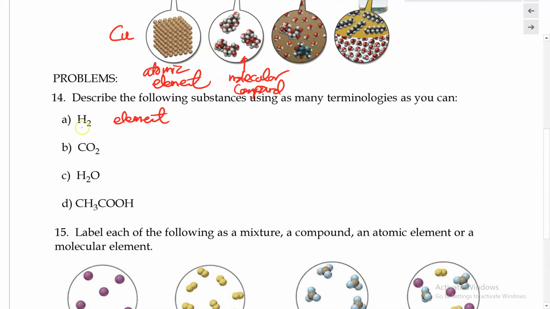And now say it consists of 2 atoms, and these 2 atoms right here are bonded together because hydrogen is a non-metal. So the 2 hydrogen are bonded together through a bond. So therefore, we now can also describe the word molecule for this as well. Combining this together, we should be able to describe this H2 with the word molecular element.